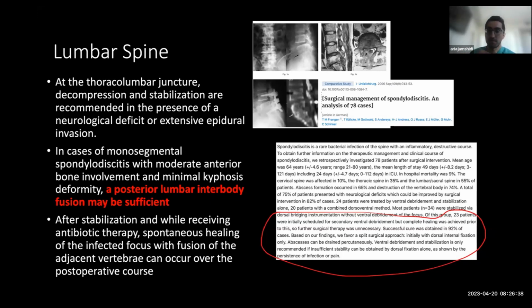They did dorsal laminectomy and fusion, and then found that these patients actually autofused on their own and did not require the second stage ventral debridement surgery, kind of suggesting to me that dorsal instrumentation and decompression can oftentimes be more than enough to treat these patients.